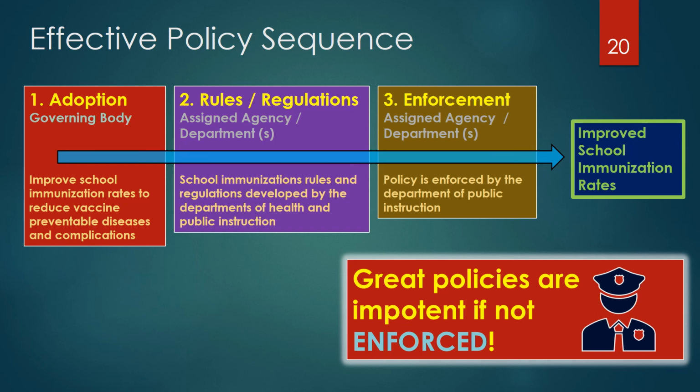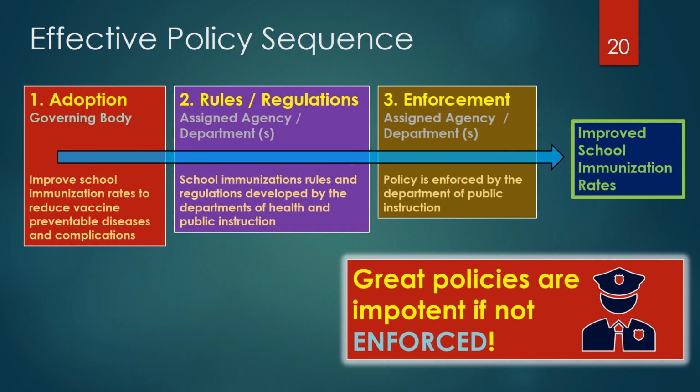For example, a governing body may pass legislation to improve school immunization rates. The governing body may assign the state departments of health and public instruction to develop rules, regulations, and enforcement actions, including penalties for noncompliance, to implement this policy across the state.